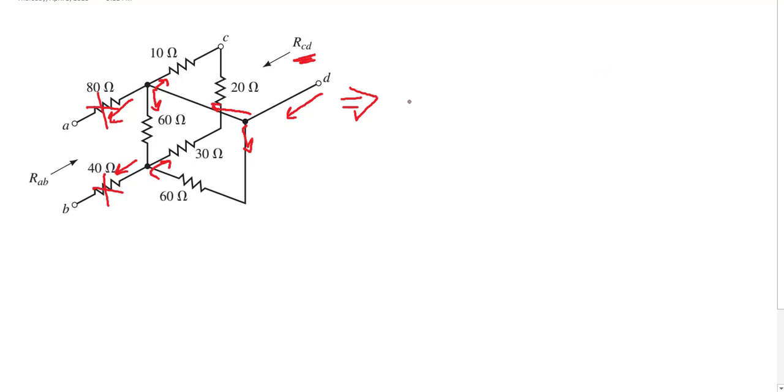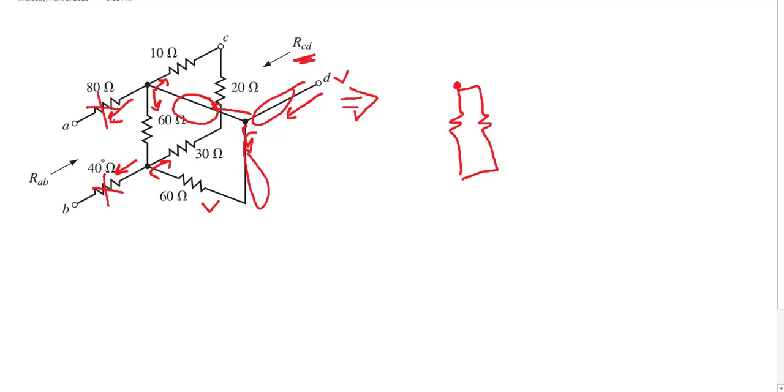So imagine the following. I will put the point D here. So this is my point D. Look, this whole thing, this one, this one, this one, are really the same point. So all of that is D, and from that D we have a 60 ohms going down. This is this one, and from that same D, parallel to this 60 ohms, another 60 ohms.